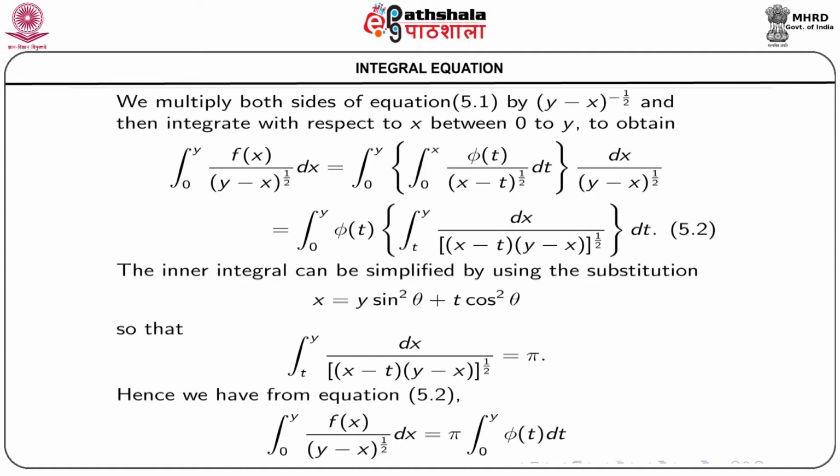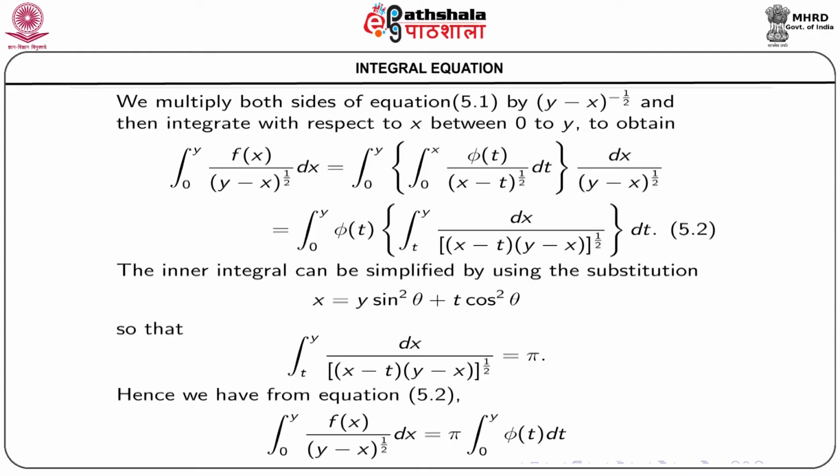Now, the inner integral can be further simplified. If we substitute x equal to y sin square theta plus t cos square theta, we find that this inner integral becomes equal to pi. Very simple integration is involved.